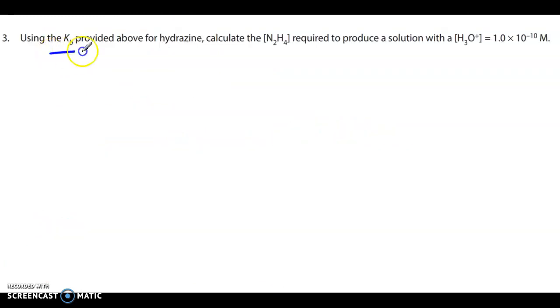Okay, using the Kb provided above for hydrazine. Hydrazine was found in one of our original questions.